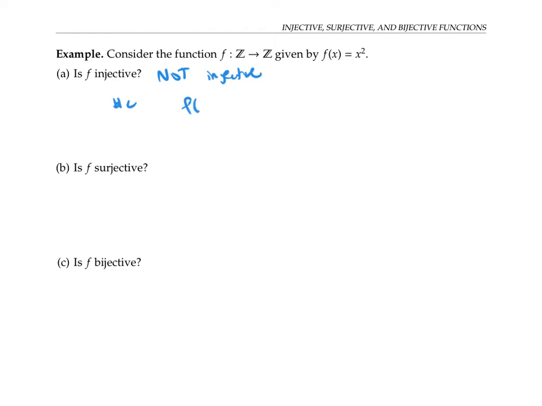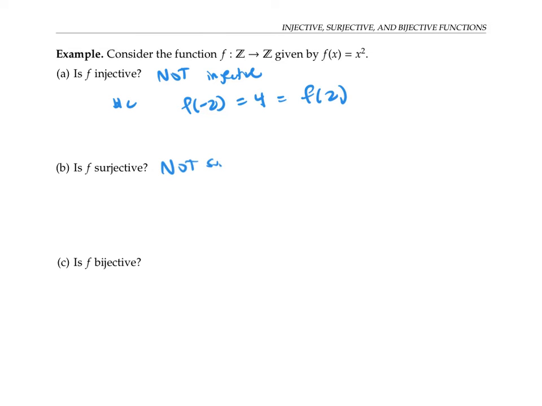because f of, say, -2, which is 4, is the same thing as f of 2. So they're two distinct integers that get sent to the same element of the codomain.